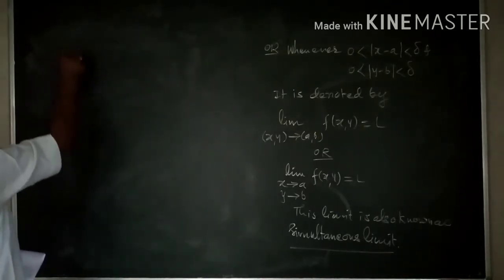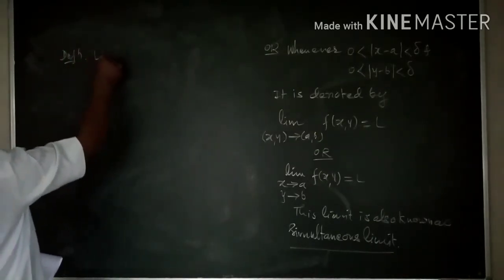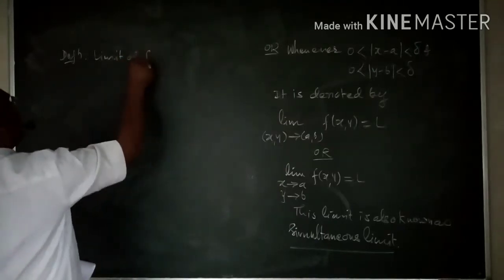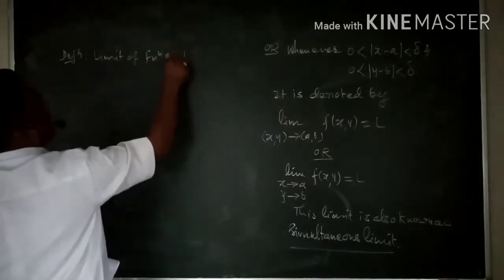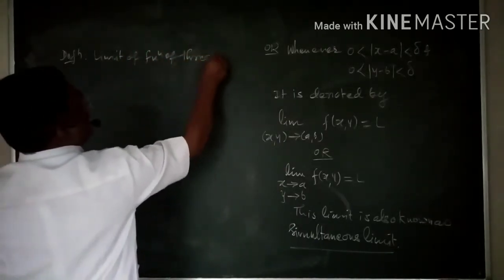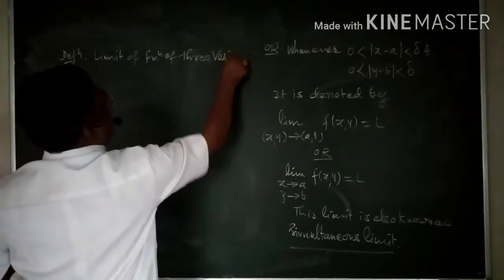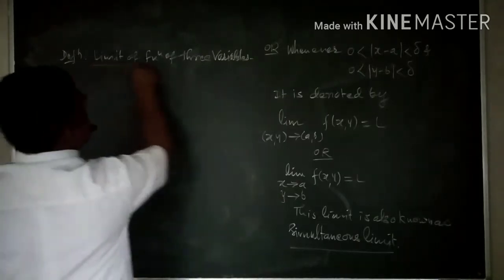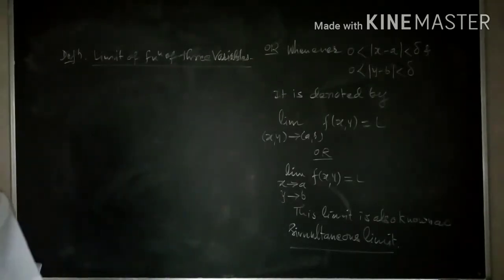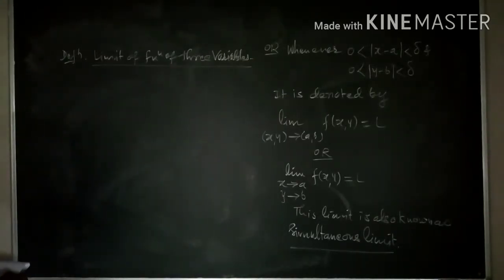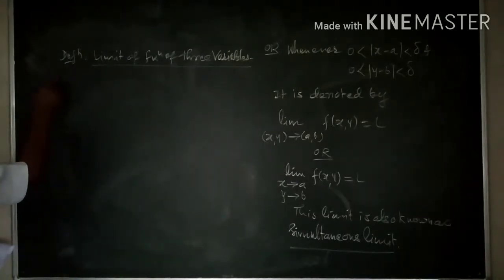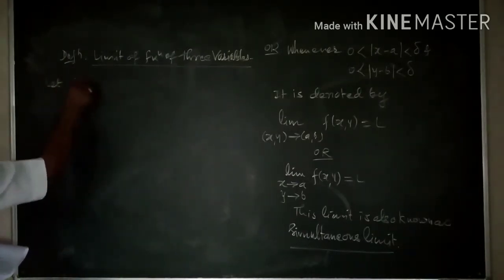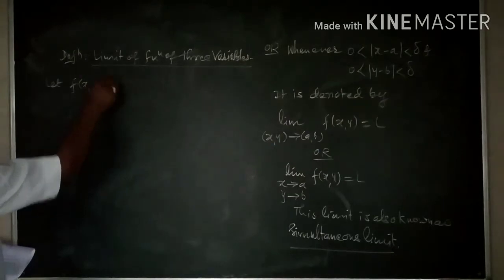Definition of the limit of a function of three variables. Let us say f of x, y, z.